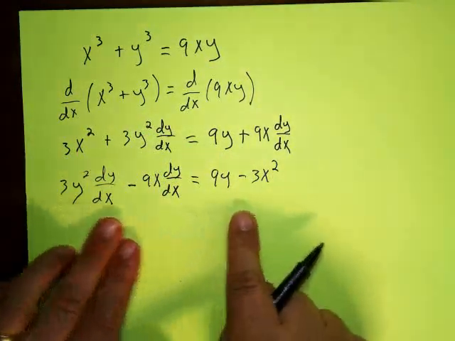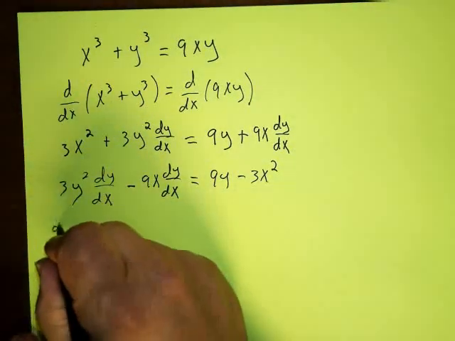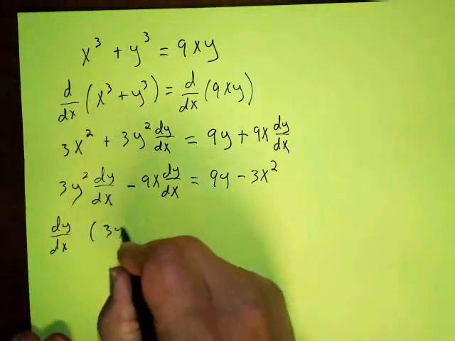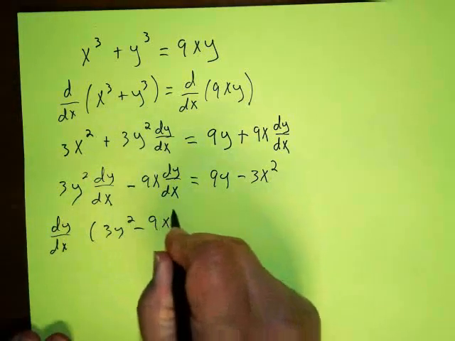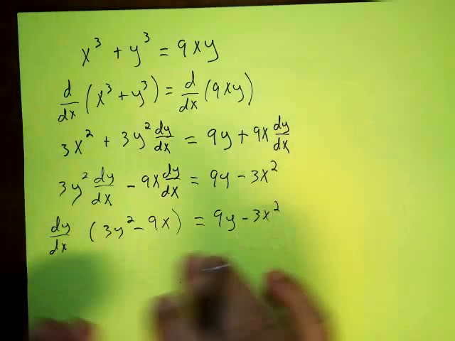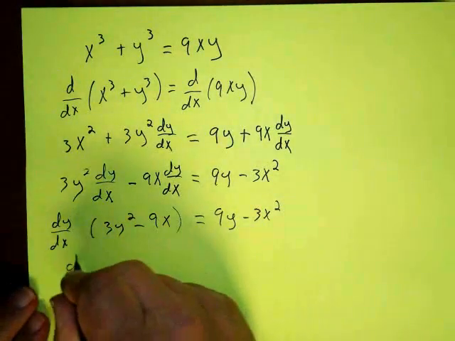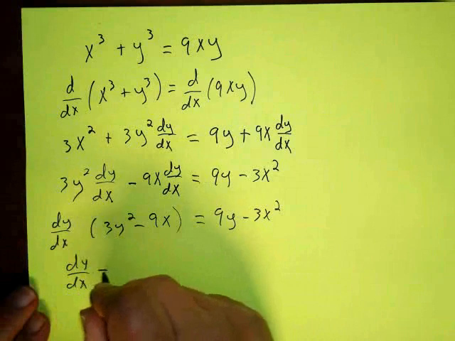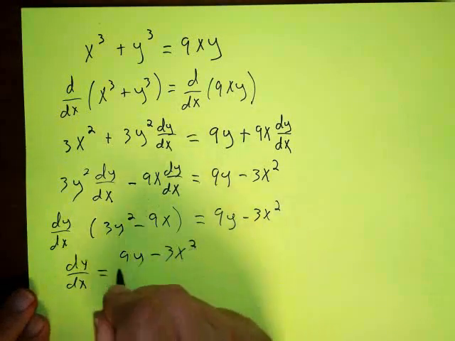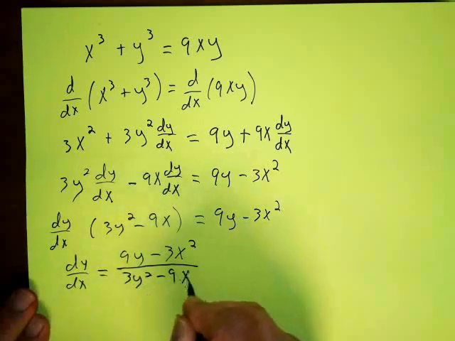So now I have this, and the reason for doing this is I can factor out the dy/dx, and then I'm left with just 3y squared minus 9x. And so I can divide both sides by this, leaving me with just dy/dx, and I get (9y minus 3x squared) over (3y squared minus 9x).